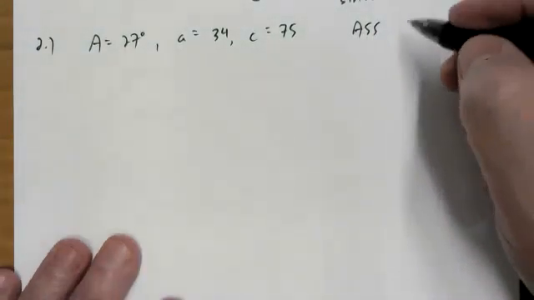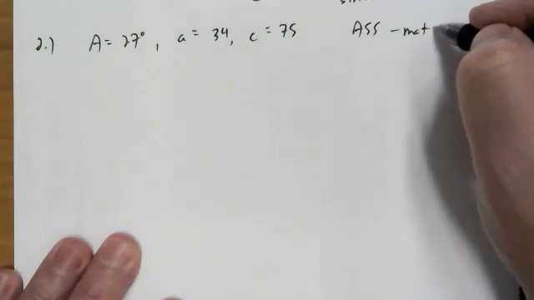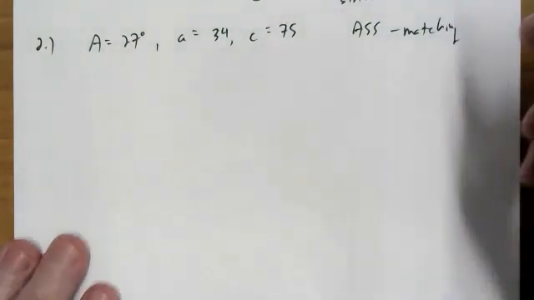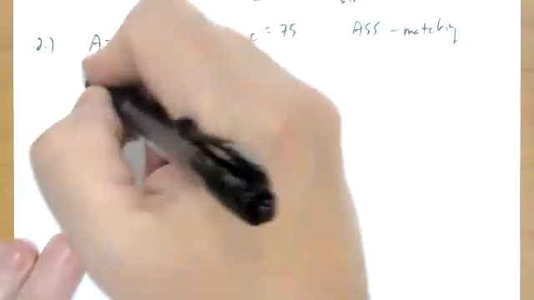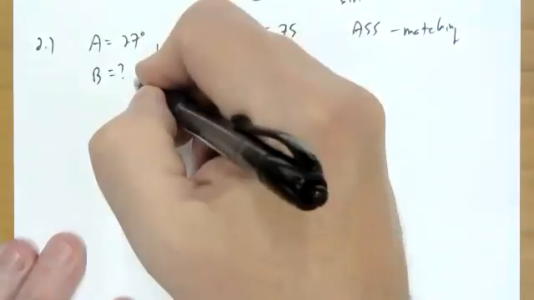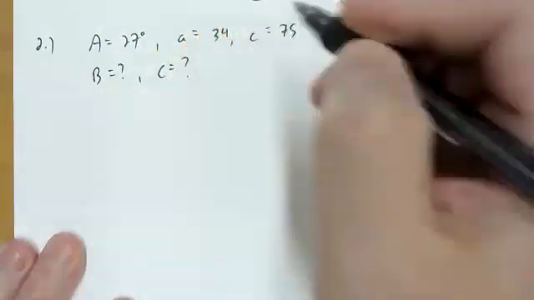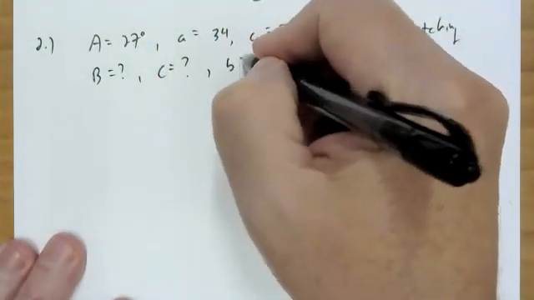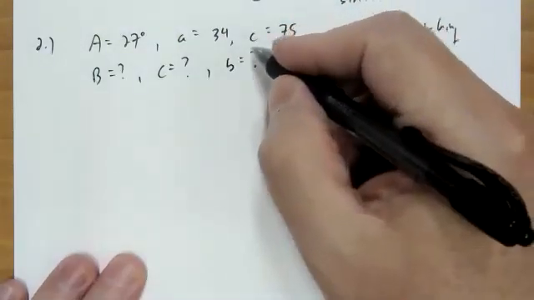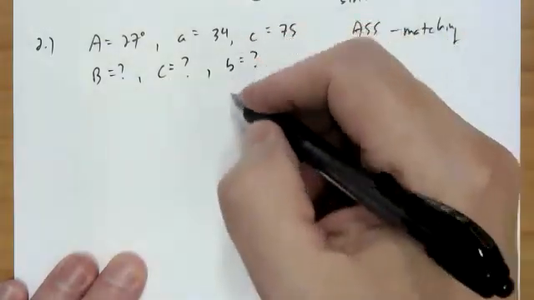Angle side, and it's what I call matching. So I'm using law of sines. So what I need to figure out, angle B, angle C, and side C.